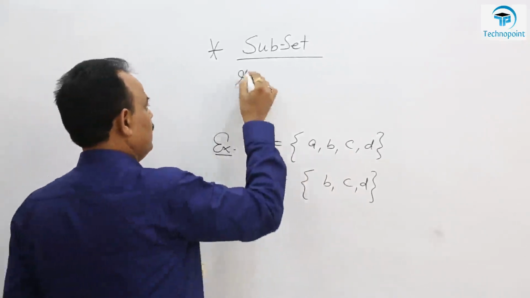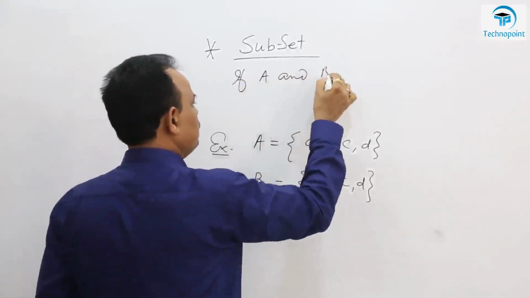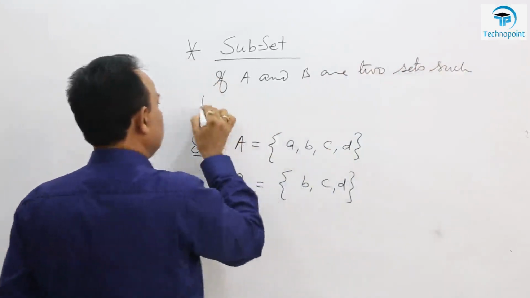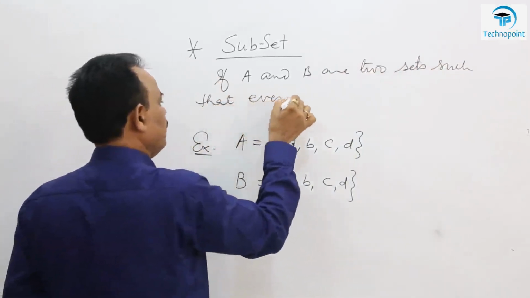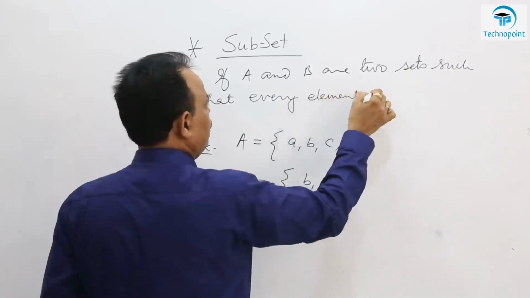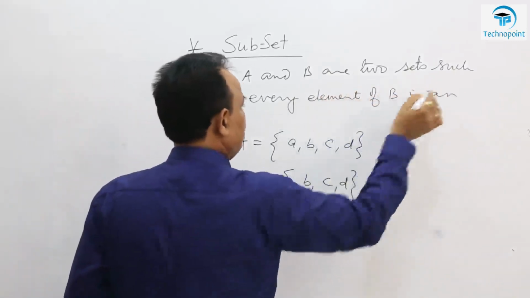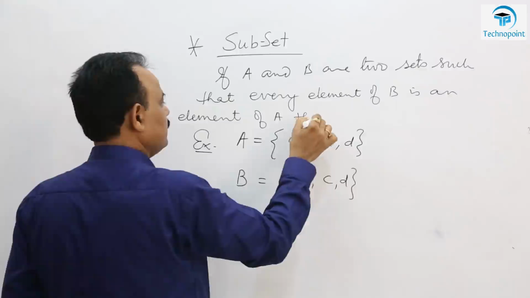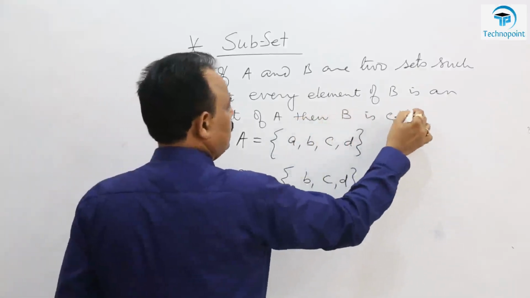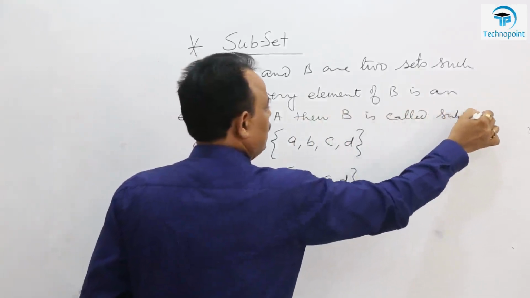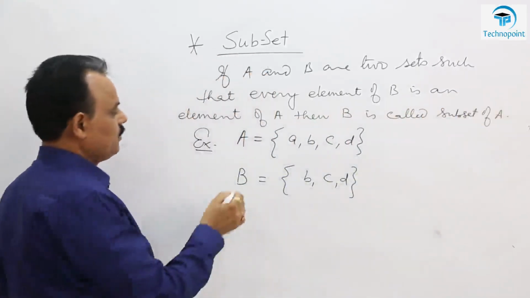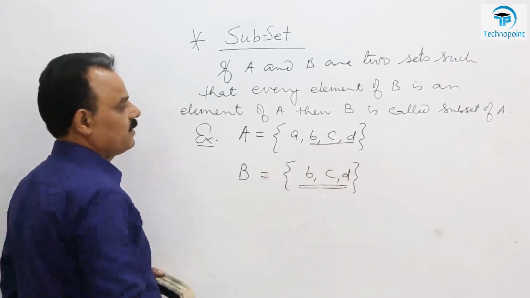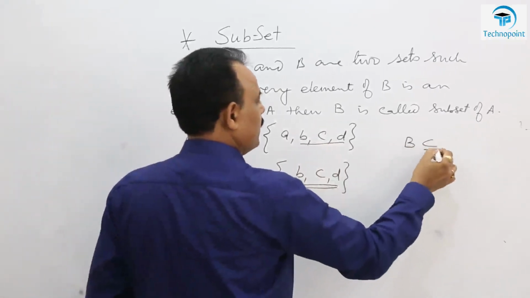So what is a subset? If A and B are two sets such that every element of B is an element of A, then B is called a subset of A. Here you can see every element of B, that is B, C, D, are elements of A. So B is a subset of A and it is denoted by this symbol.